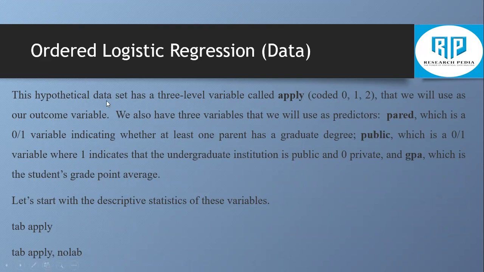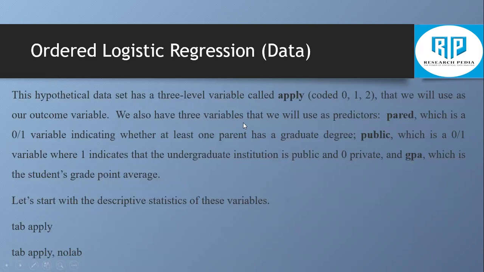This is basically a hypothetical data set that has a three-level variable called apply. In this data set, apply is the dependent variable, coded by 0, 1, and 2, that we will use as an outcome variable.